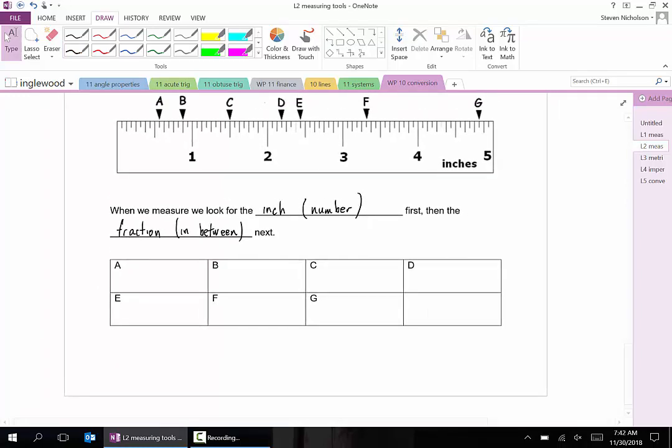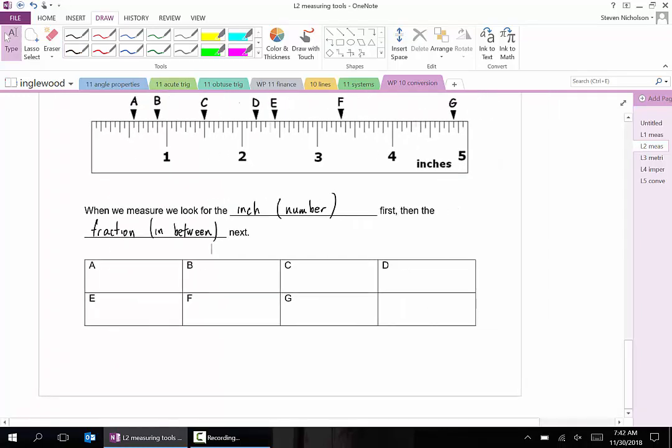So in this one right here, if I went through a couple, looking at A, well, again, imagine you put the ruler down and that's where you measured it to. It's at the smallest little mark there, and those smallest little marks represent sixteenths. And if you know that, that makes measuring a lot easier. So when we actually go ahead and count, it turns out that we are going to have 9/16.